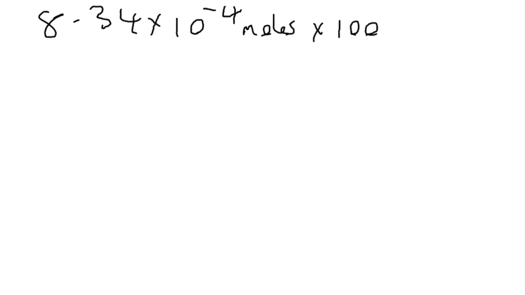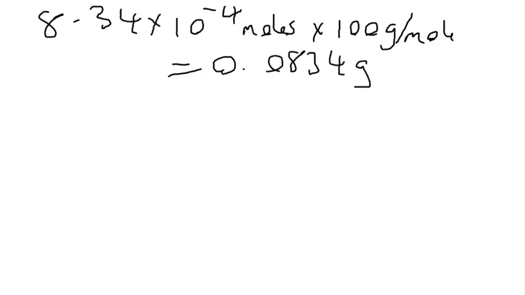So 8.34 times 10 to the minus 4 moles. The molecular weight of calcium carbonate is pretty much exactly 100 grams per mole. So we end up with 0.0834 grams of calcium carbonate.